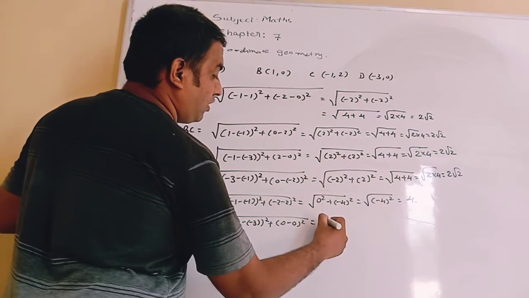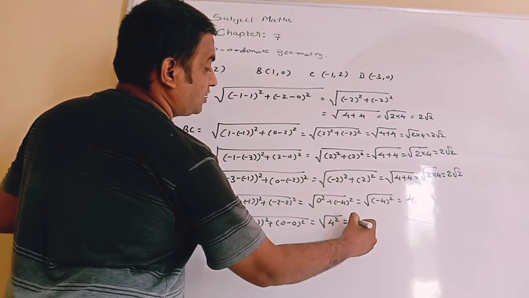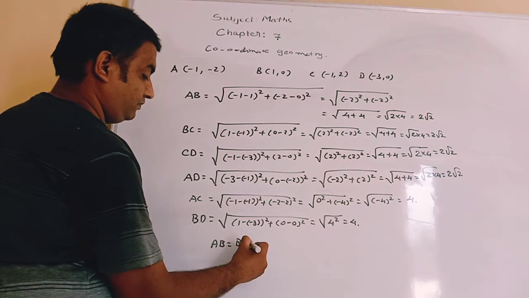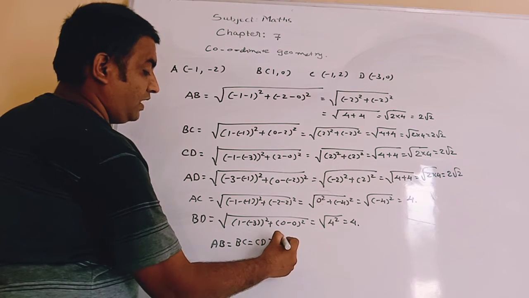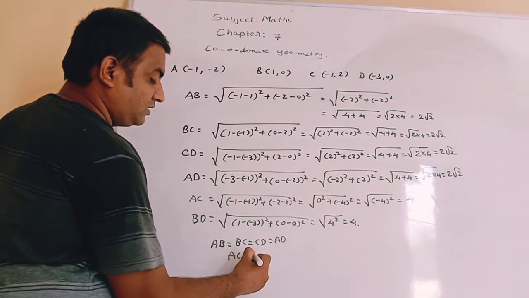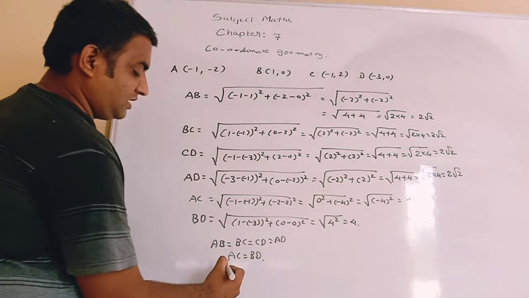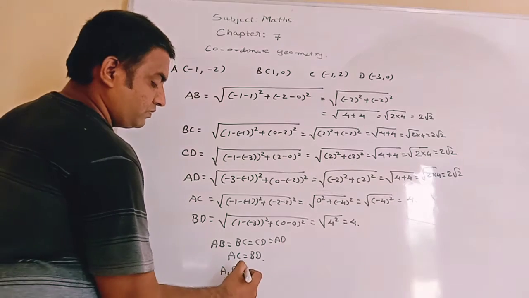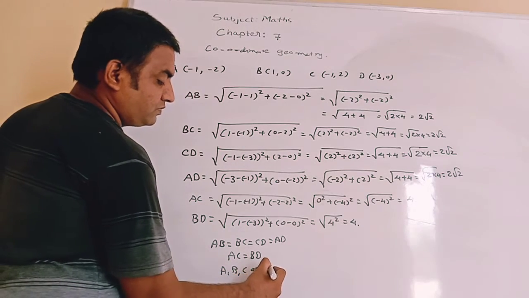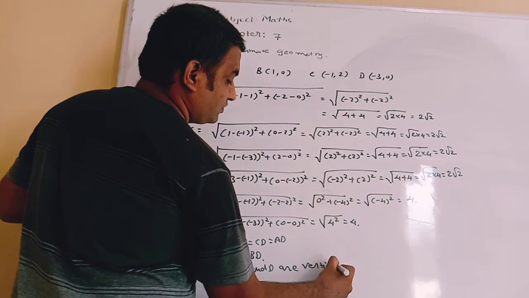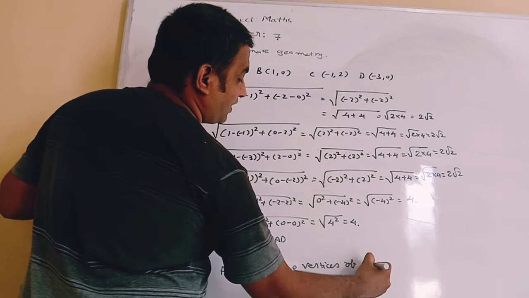So again 4 square, and 4 square equals to 4. So 4 sides are equal and 2 diagonals are equal. So we can say that ABCD are the vertices of a square.